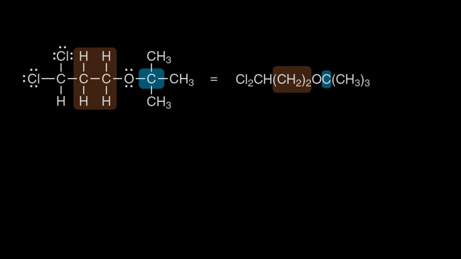Then, on the far right, we've got 3 CH3 groups, all attached to a single carbon. So just like before, we write the central carbon first, and then place the 3 CH3 groups inside parentheses. This makes the condensed structure look much cleaner and more concise, while still showing everything we need to know.